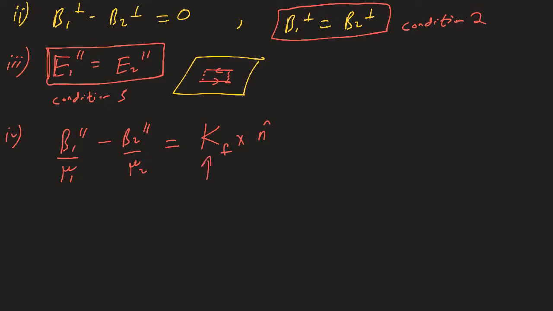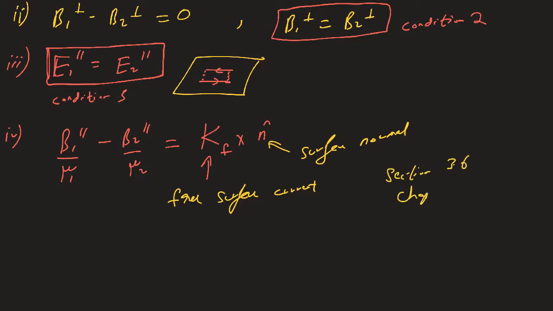What K_f is, if you remember, is the free surface current, and n hat is the surface normal. Make sure you understand where these come from. If you need to revise, you can either go back to your notes or look at section 3.6, chapter 7, which is electrodynamics.